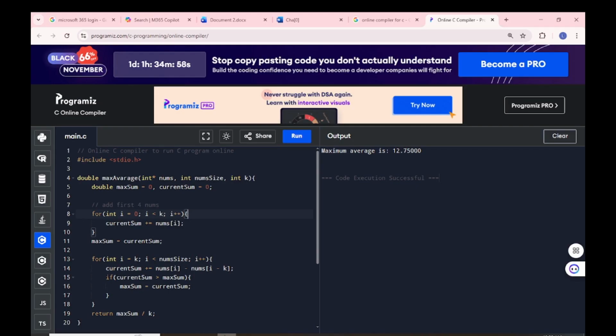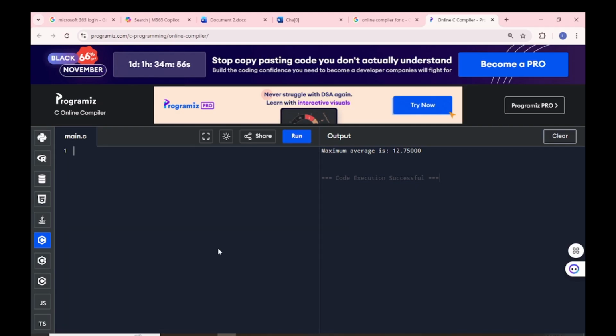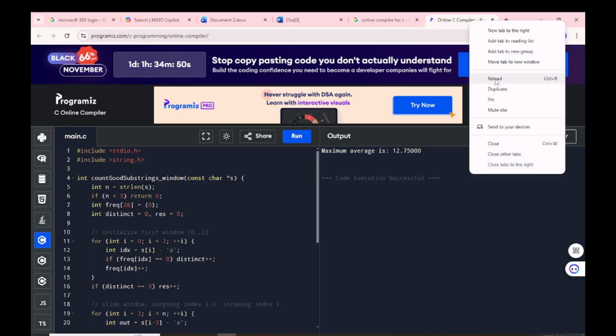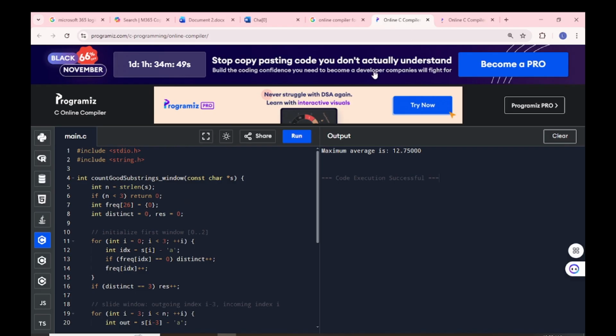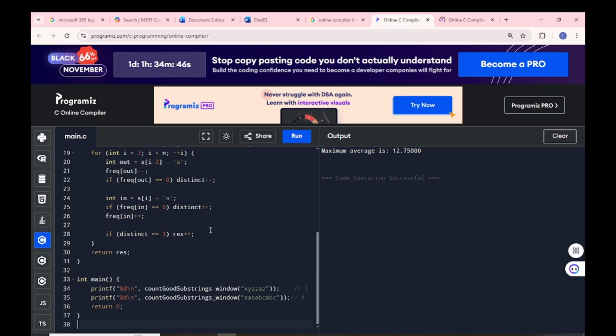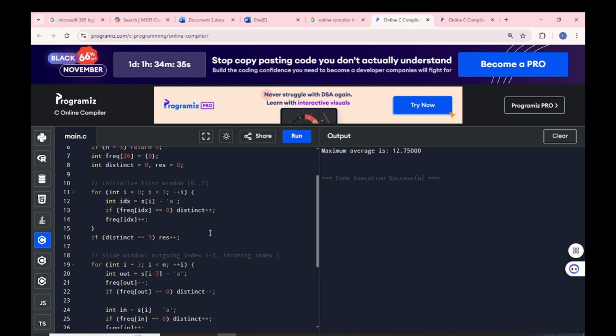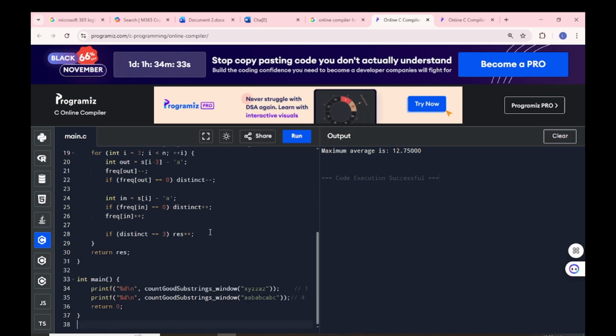If we don't revise, things will get out of our hand, right? Okay, if we have a look, then count good substrings. Okay, let's try.